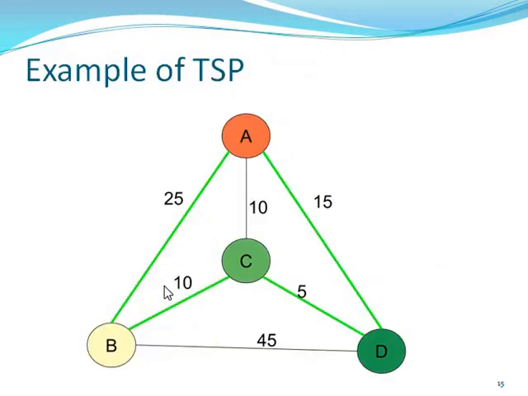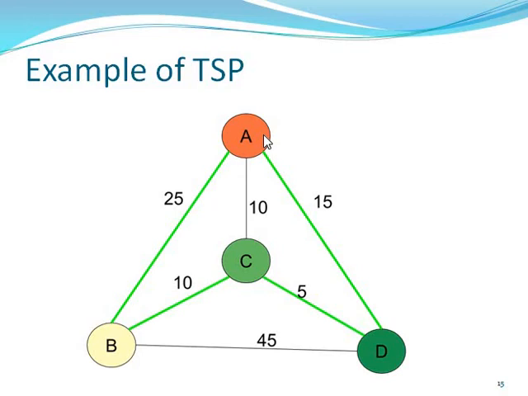So this is an example where you have traveled a particular distance. They do not require a particular direction. Suppose here distance is given from A to B, B to C, C to D and D to A. How can you travel and cover the minimum cost of the particular distance and solve the problem?